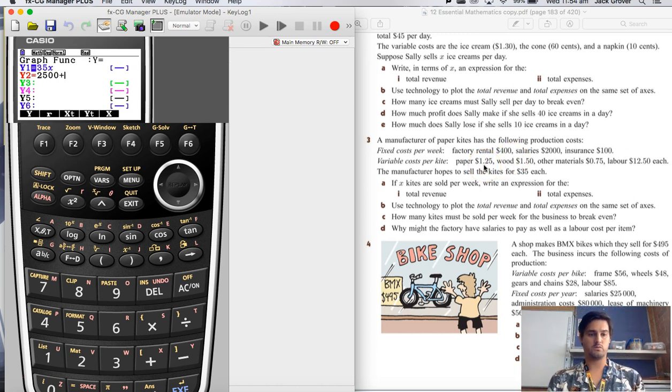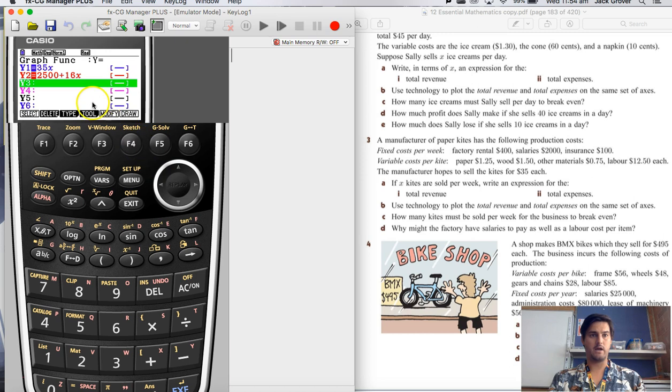Our variable costs were $16, so plus 16x. Because X, we don't know how many kites we're going to sell still, but we know that each one we sell is going to cost us $16. We're getting $35 per one we sell, but they're costing us $16 to make. 2,500 represents our fixed costs. That's what we need to do for our formulas.